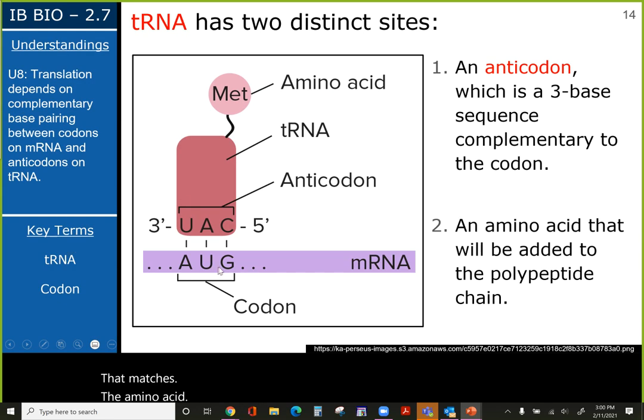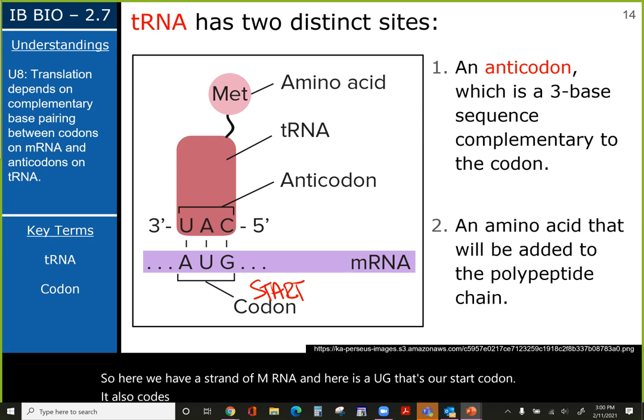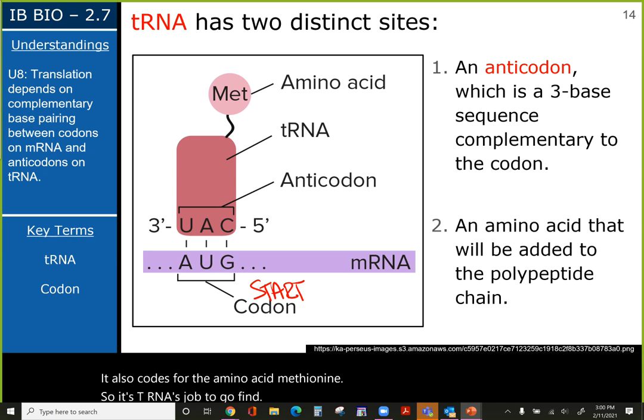So here we have a strand of mRNA. And here's AUG. That's our start codon. It also codes for the amino acid methionine. So it's tRNA's job to go find a molecule or an amino acid of methionine and bring it to the ribosome.